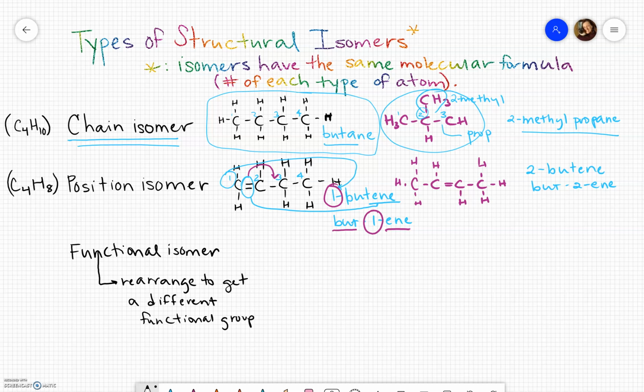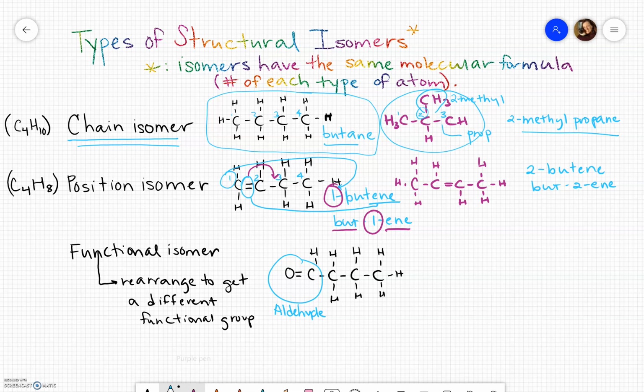So let's say that I have this molecule here. I see I have a carbonyl group on it. There's my carbonyl group, and it's on one of my end carbons. Since it's on one of my end carbons, my carbonyl group means that I have an aldehyde.